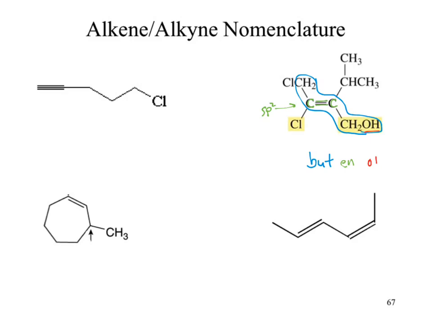The alcohol is the highest priority, which means it is connected to position 1. Where's the ene? Position 2. So just the main chain is but-2-en-1-ol. Yes, that's how you have to name it. It sucks. Okay?